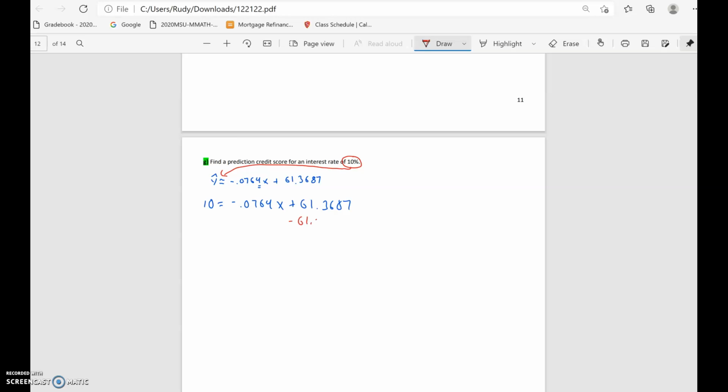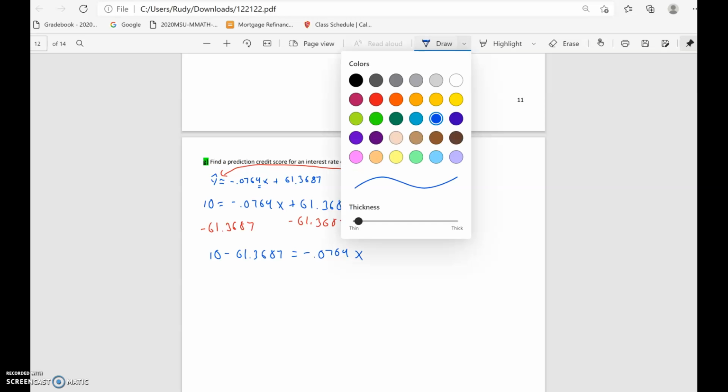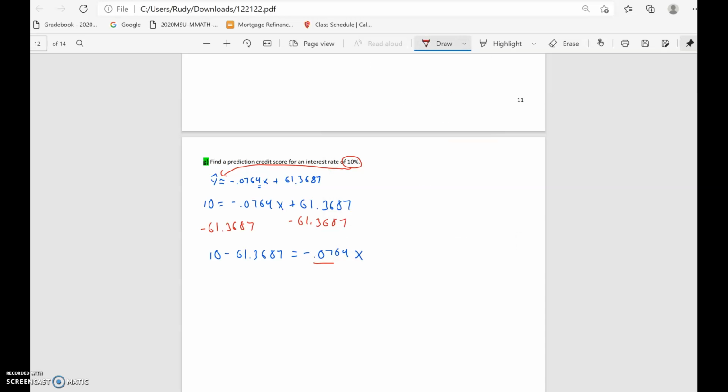So minus 61.3687 on both sides. We're going to end up with the left hand side 10 minus 61.3687. It's equal to negative 0.0764x. And then let me divide by the negative 0.0764.